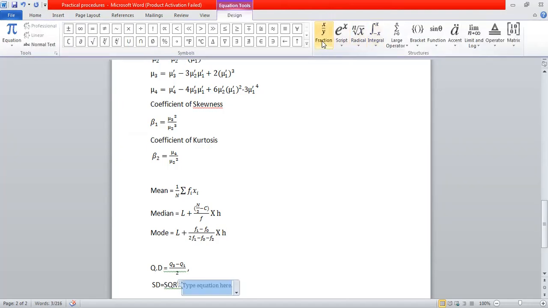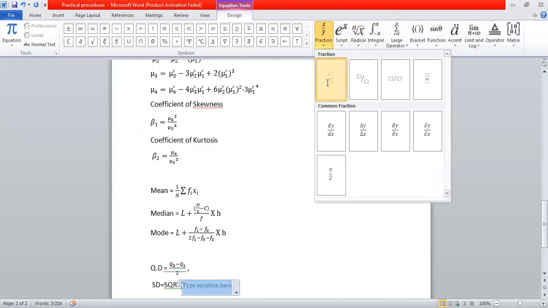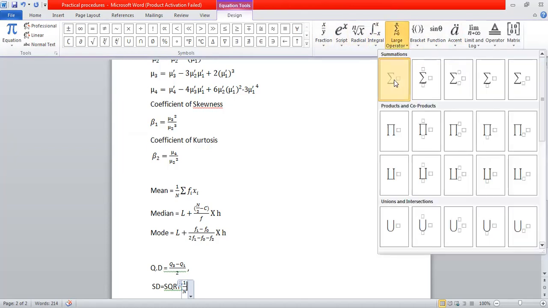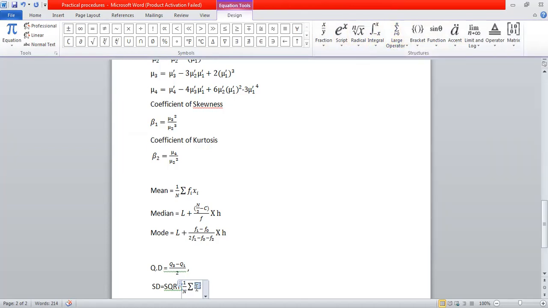I'll type the formula. If it is grouped frequency, we'll have capital letters, right? So 1 by n summation xi minus x bar whole square.